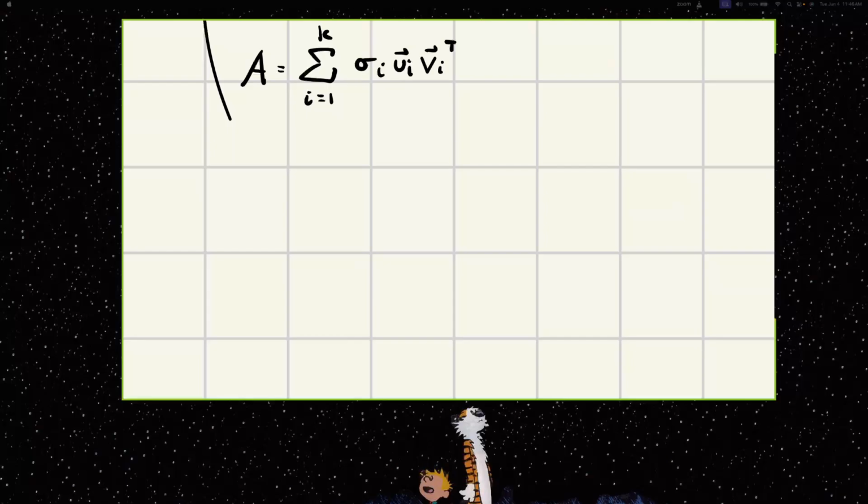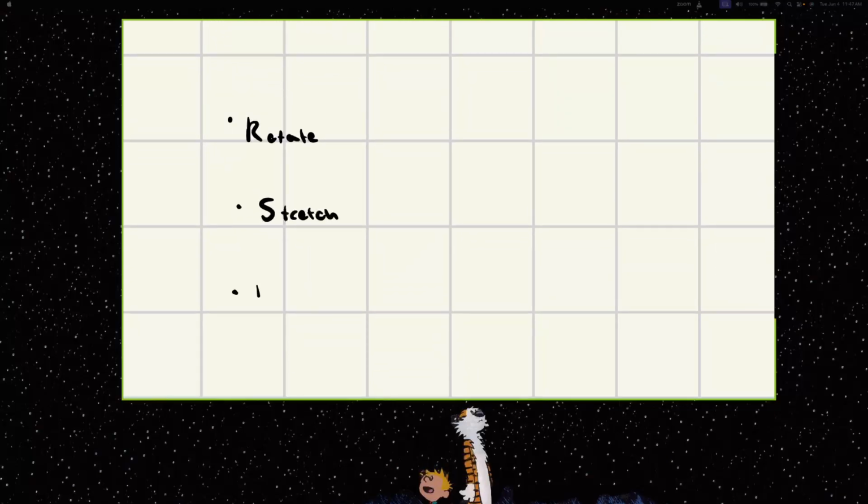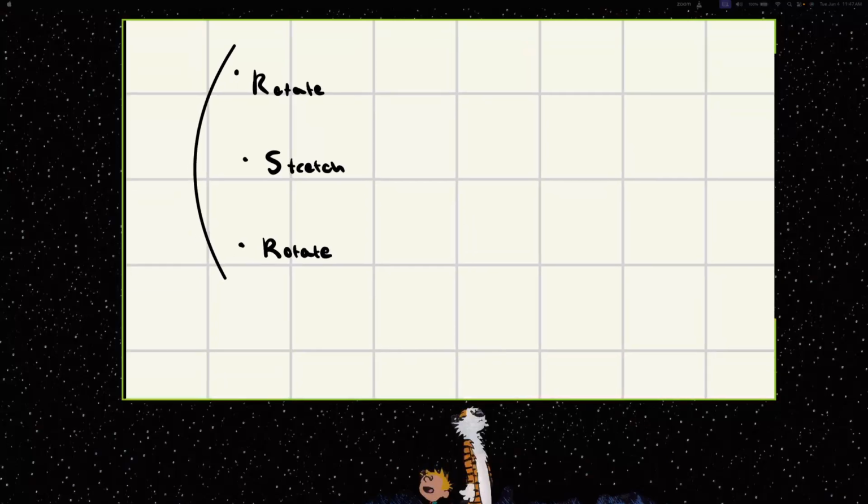But that's the big idea of the singular value decomposition and the applications. So I would say it's important to remember: rotate, stretch, and rotate. And we'll get into a little bit more of what that means.